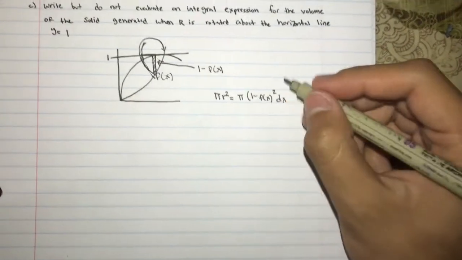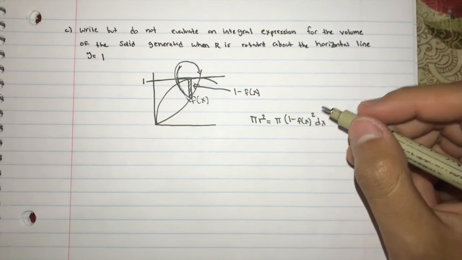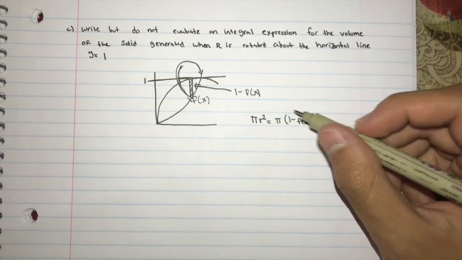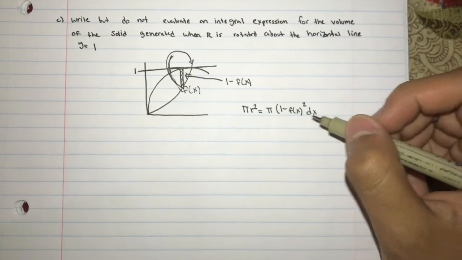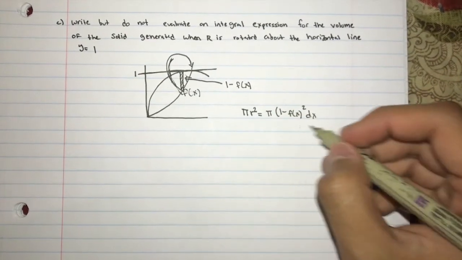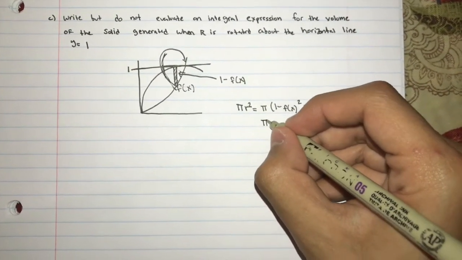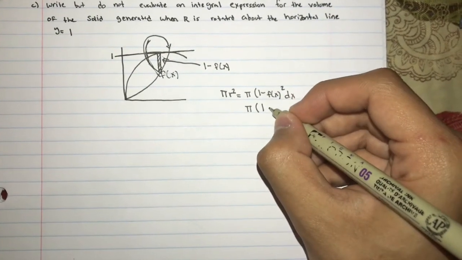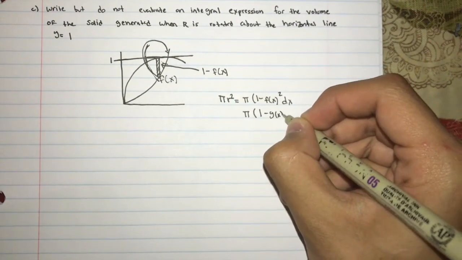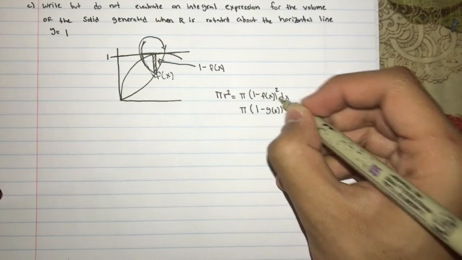And if we want to find the volume generated with g of x, we do the same process, and we'll end up with a similar expression: pi times (1 minus g of x) squared dx.